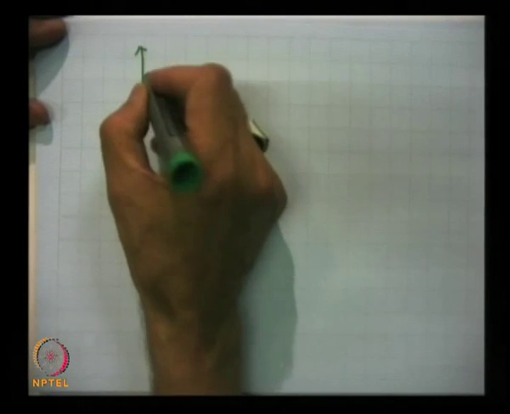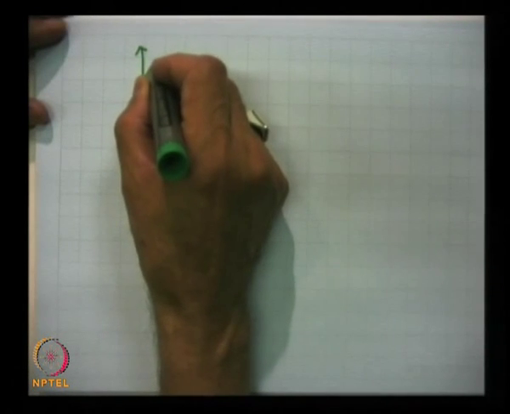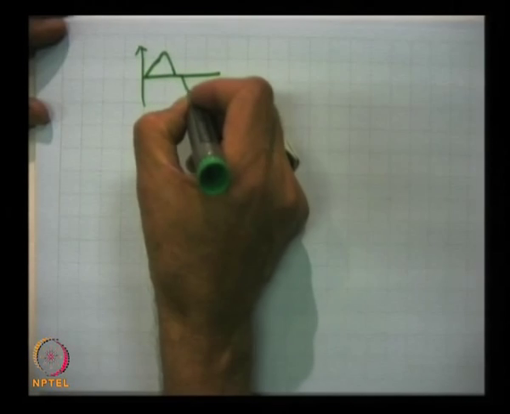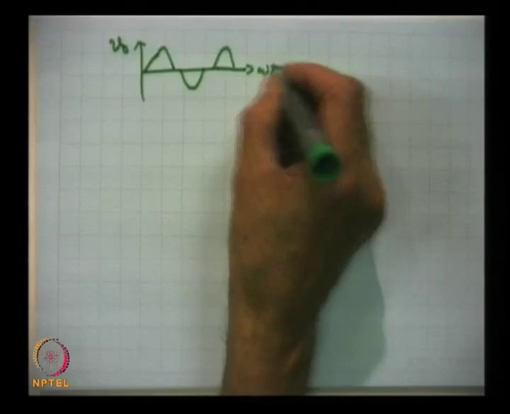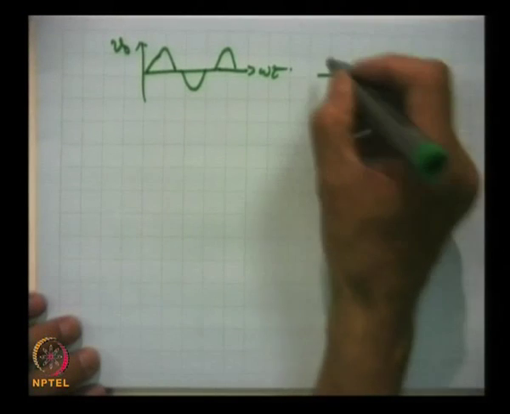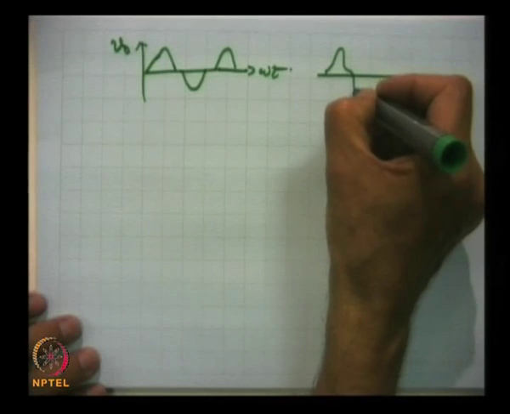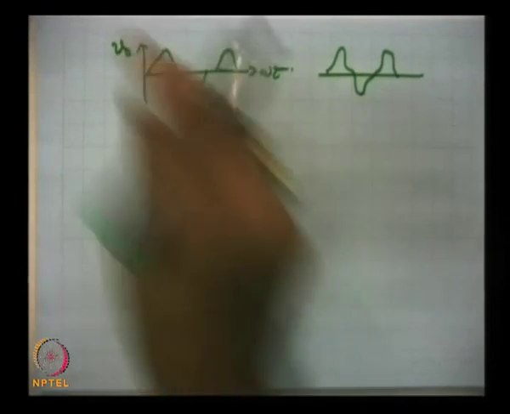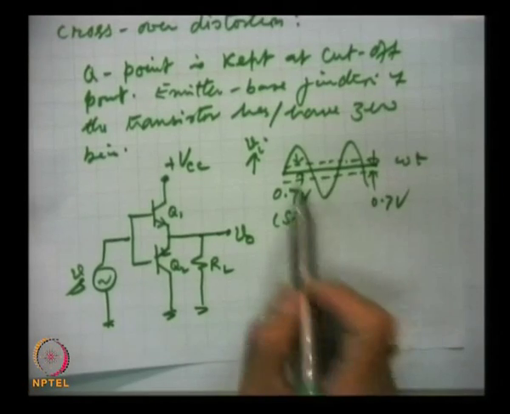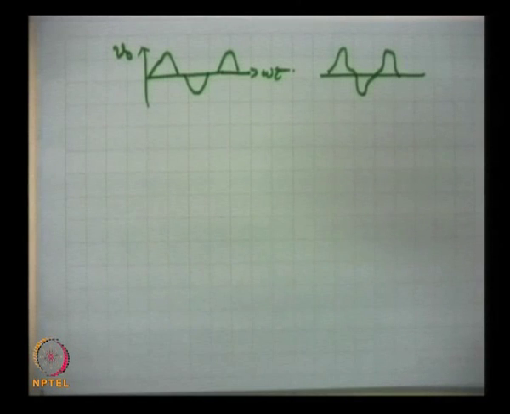The output, in a little exaggerated format, will be like this. This is Vout and this is omega t, but in practice also the outputs are like this. They are not the exact replica of the input signal. So, this distortion is known as crossover distortion, and this can be taken care of.